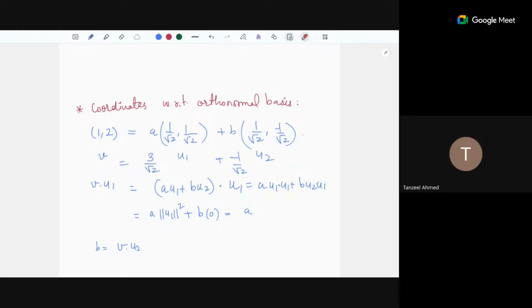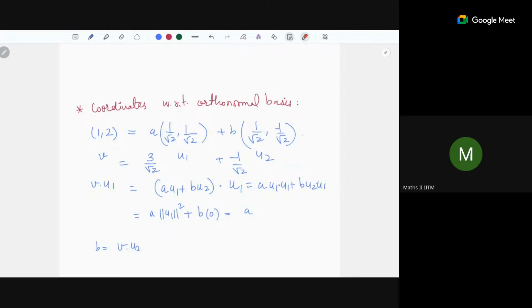So a in our current example is just the first coordinate of v? Is that what a is here? No, no. a is v dot u1. Now, what is v dot u1?